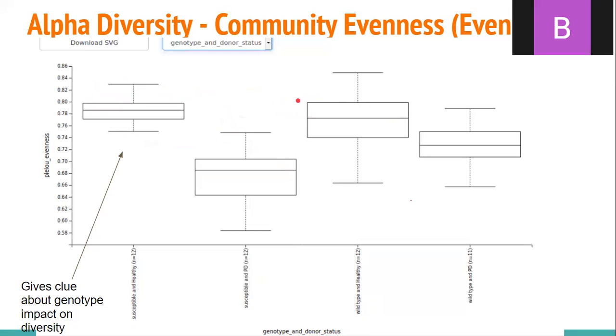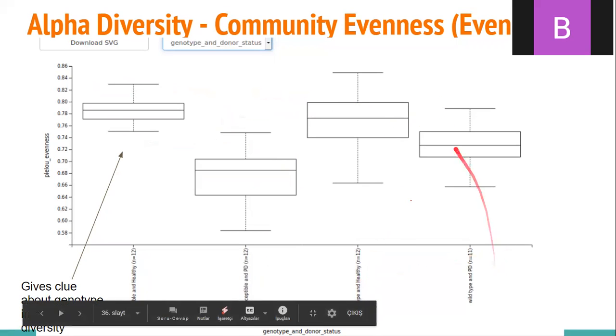Comparing with the wild type and healthy, it can be seen that it's even more even. Therefore, the genotype plays a role in more even microbial diversity. Looking at the donor type, PD gives lower evenness, which means that the PD microbiome is effective on dominance of a species in the microbiome. Healthy and PD, wild type.